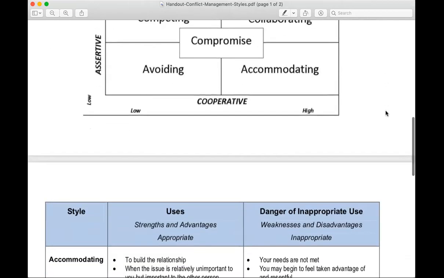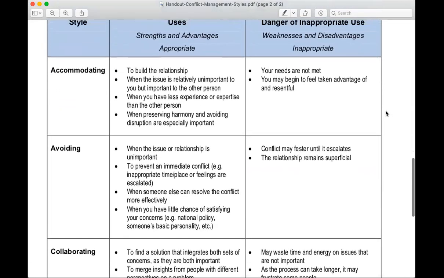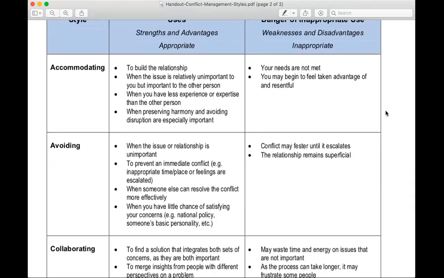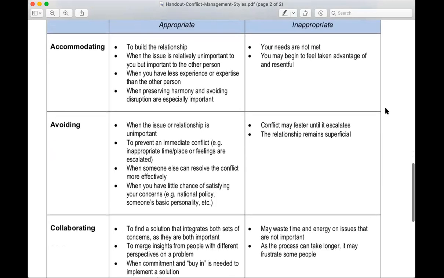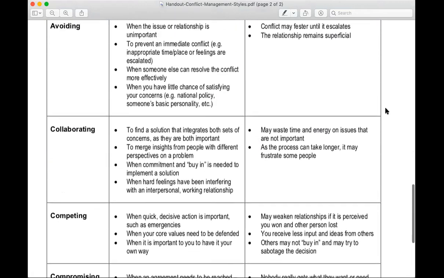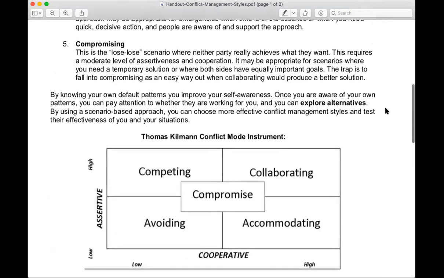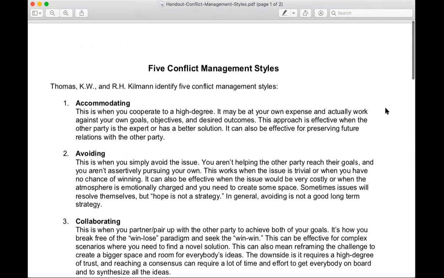And so on this handout, you will find different strengths and advantages, as well as weaknesses and disadvantages for each style. So I do implore that you go back to this handout and learn more about those.